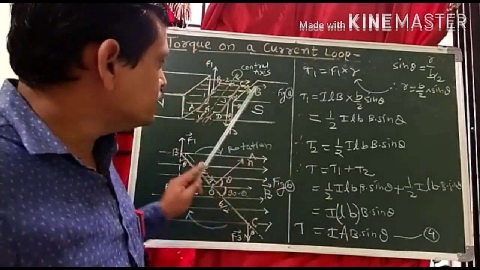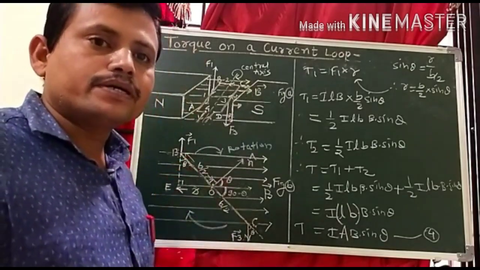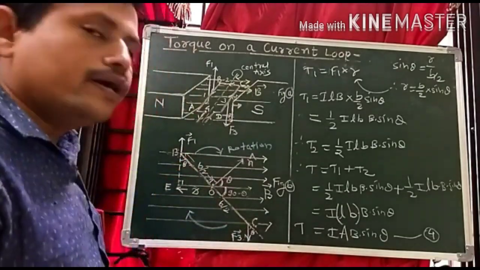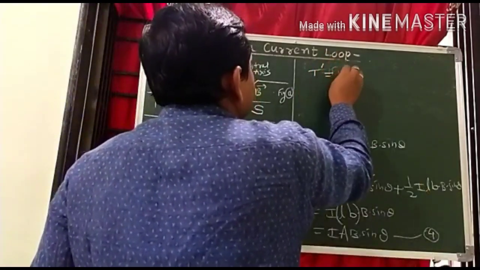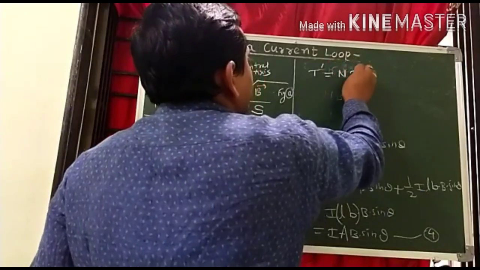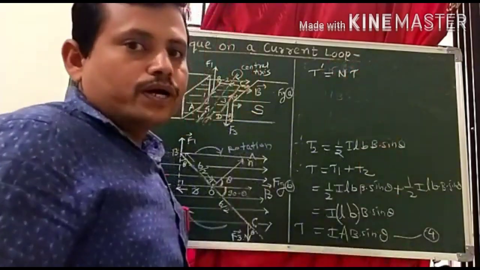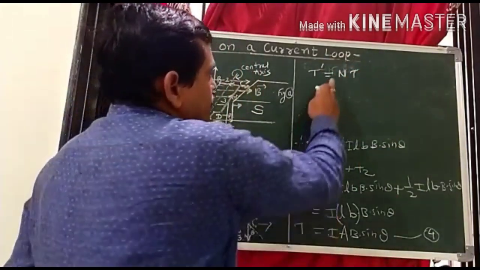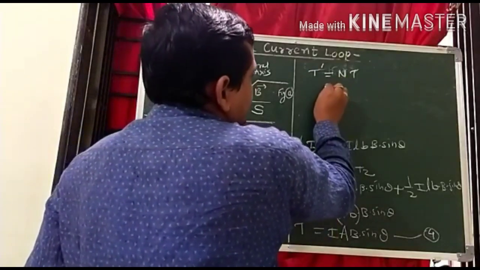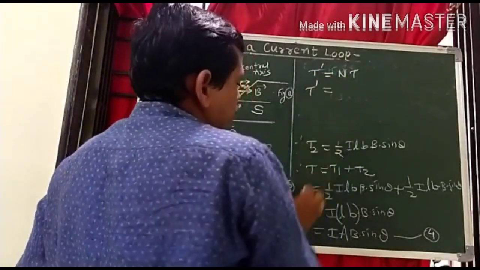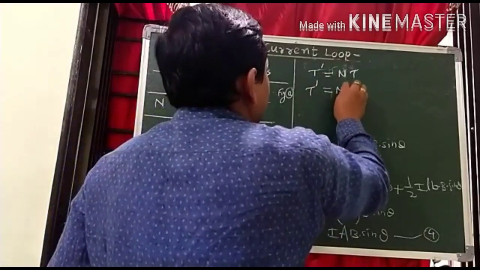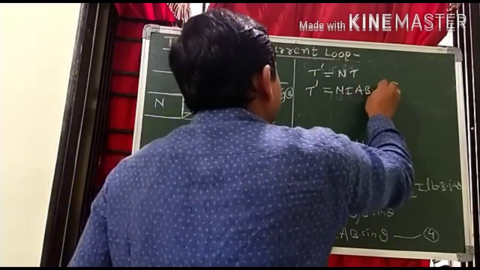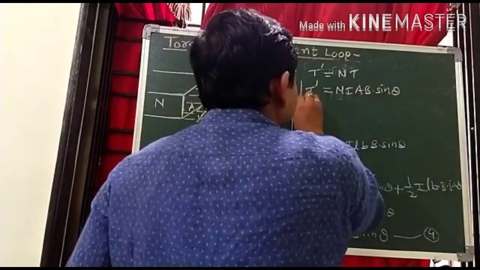Now if the coil is made up of n number of turns, then the total torque acting on the coil, torque dash, is equal to n multiplied by torque on one loop, where n is the number of turns, and therefore torque dash, that is total torque, is equal to n I A B multiplied by sin theta.